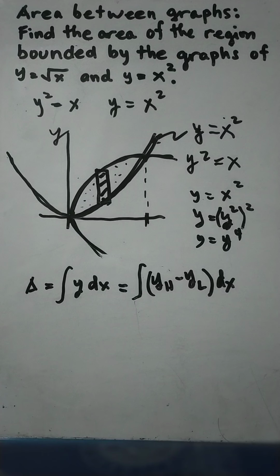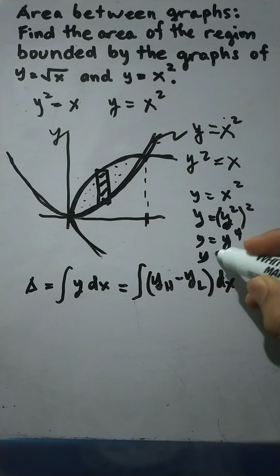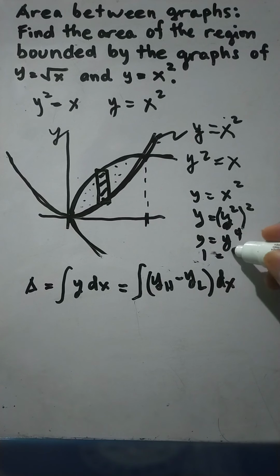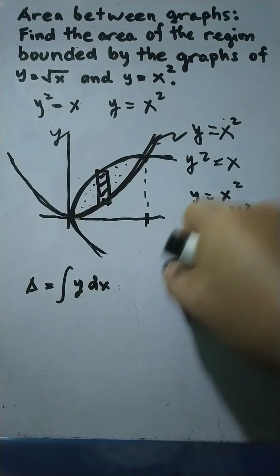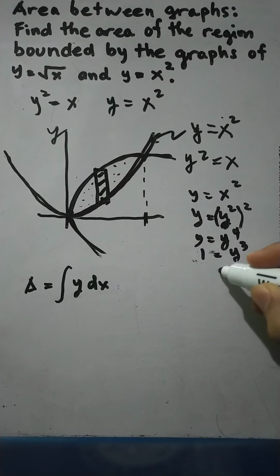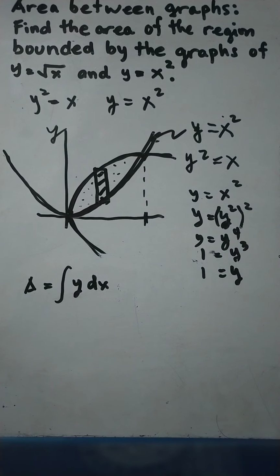So how do we find the value of y? Dividing by y, we cancel y, so what remains is 1 equals y cubed. So y is equal to the cube root of 1, which is 1.